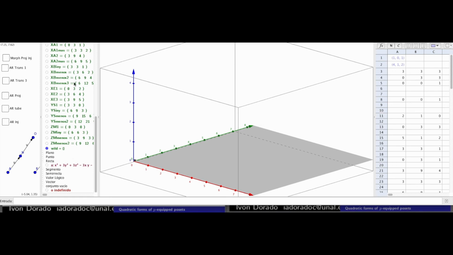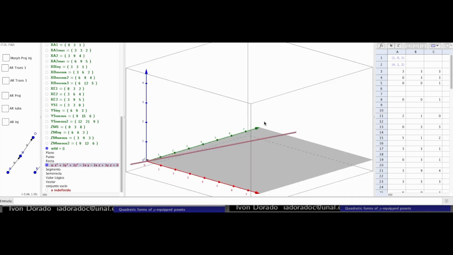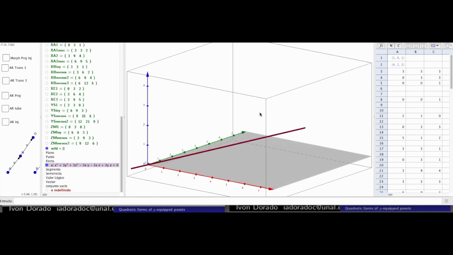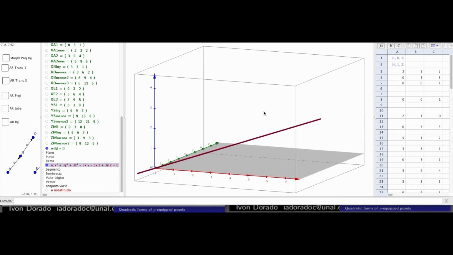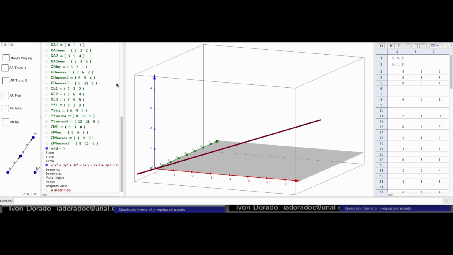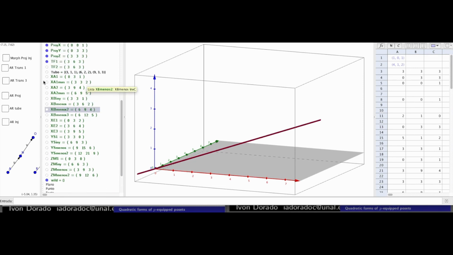To determine if the poset is of tame representation type, we graph the quadratic form, which is this polynomial equation, equal to 0. And we obtain a line, this line here. Now, in this line, we can consider just the points with natural entries, and we have the list here.